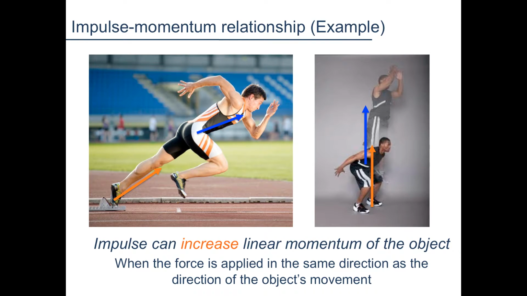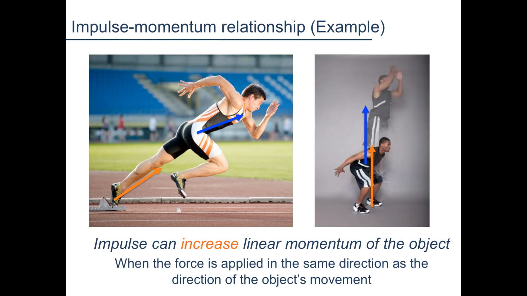Using the impulse-momentum relationship, we can see that impulse can be applied to change the momentum of the object. Specifically, when the impulse is applied in the same direction as the object's movement, the object's momentum will increase. Examples of this are shown in the figures here. At the starting block, the sprinter pushes down and back on the starting block.